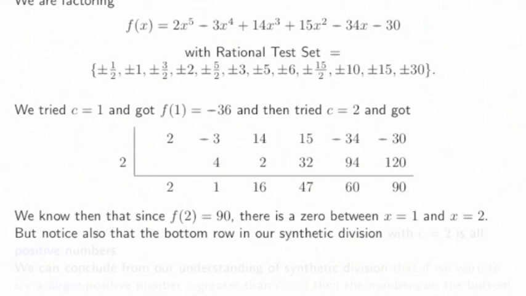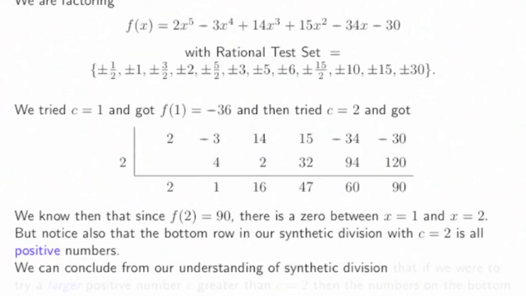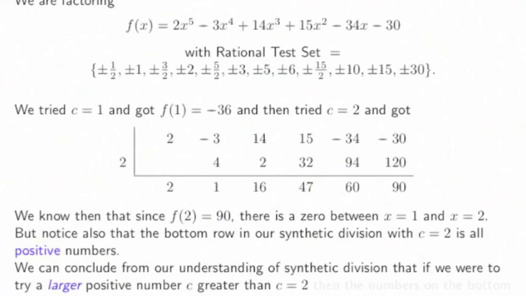But if you look at the bottom row of our synthetic division here with c equals 2, we get all positive numbers. We can conclude from our understanding of synthetic division that if we were to try a larger positive number c greater than 2, something like 5/2 or 3 or 5 or 6 from our set, then the numbers on the bottom row would get larger still. Notice that the numbers in the middle row, like 4, 2, 32, 94, 120, came from multiplying bottom row numbers by 2.